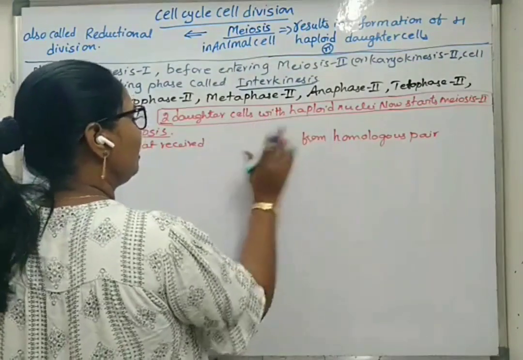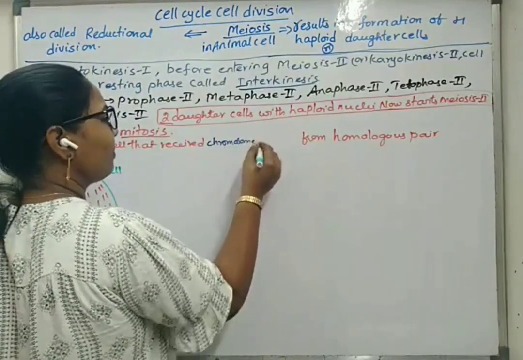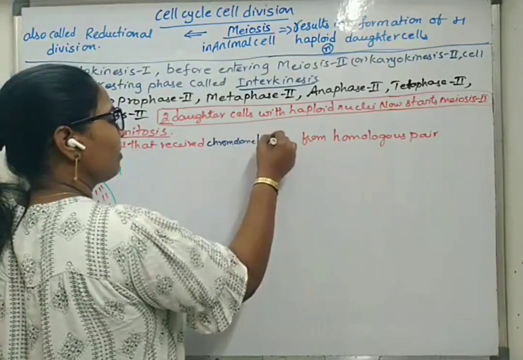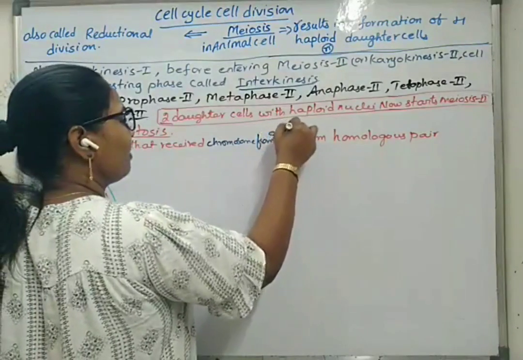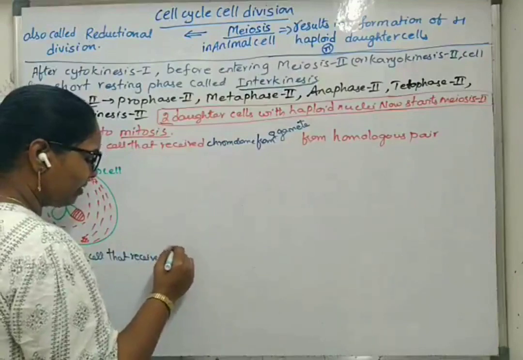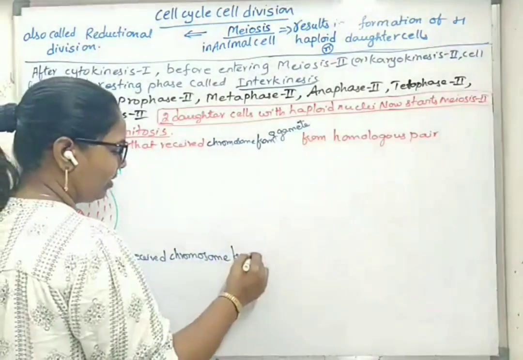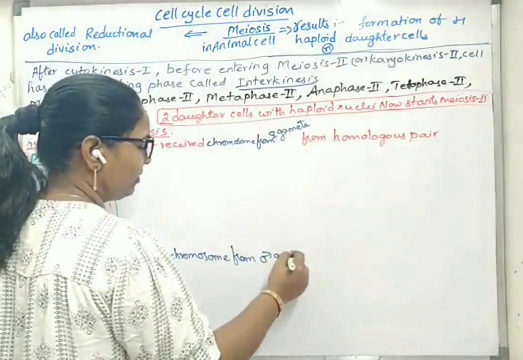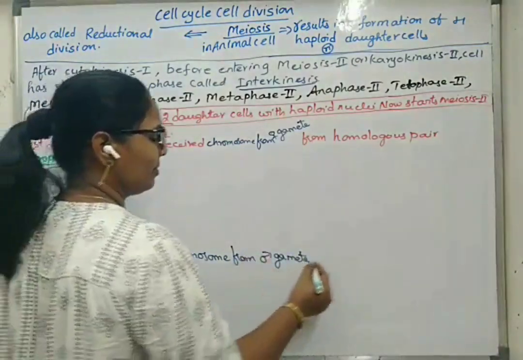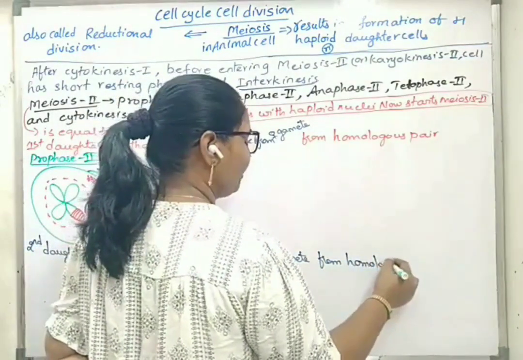Here we should write like this: so here also we'll write it received chromosome from the male gamete, from the homologous pair.